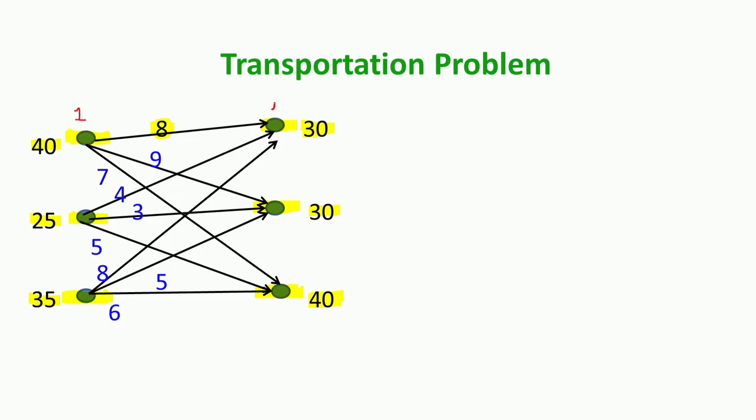So, this 8 is the cost of transporting a unit from supply point 1 to demand point 1. Similarly, this 5 can be taken as the cost of transporting 1 unit from this supply point to this demand point.